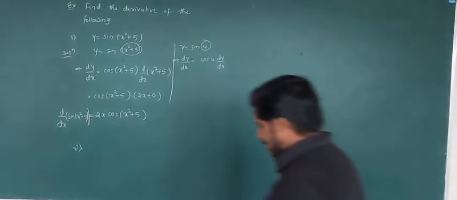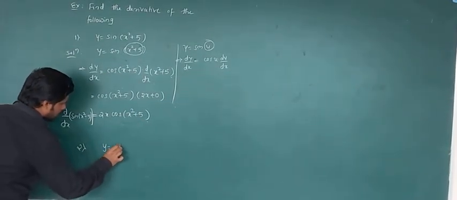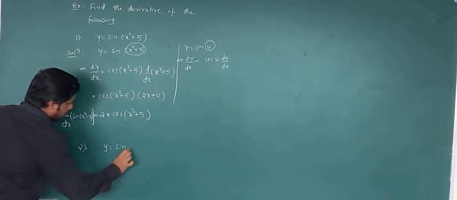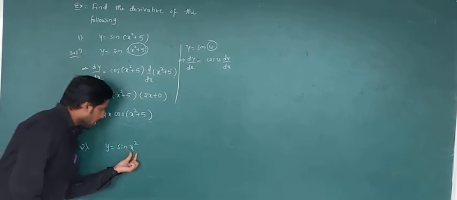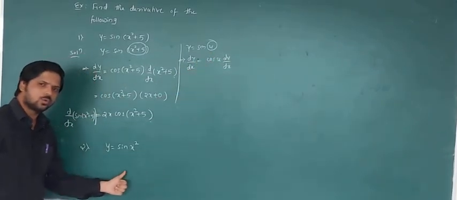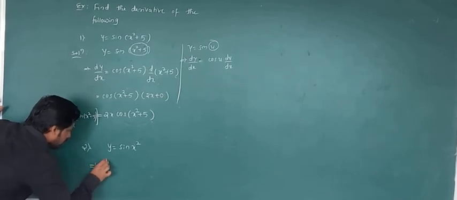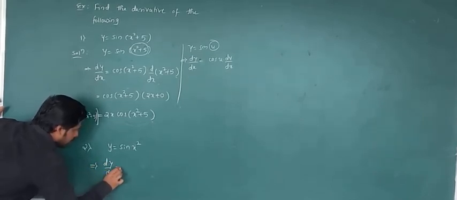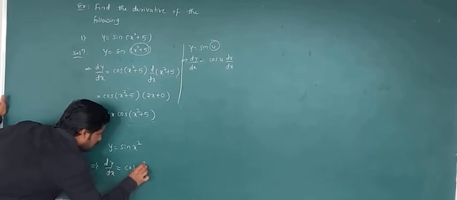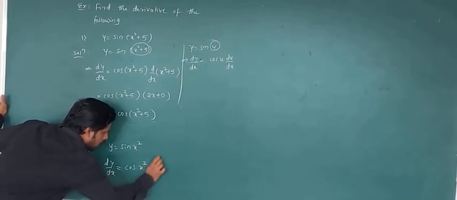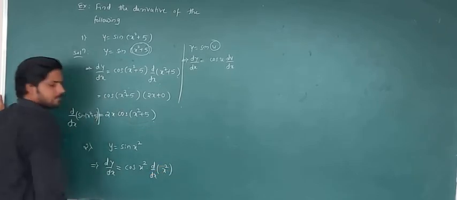So consider the next example. y equal to sine of x square. So again, in place of u we have x square. The derivative of this function, that is dy by dx, is equal to cos x square into d by dx of x square.